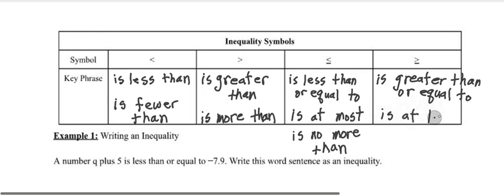I will give you at least $20, maybe more. And the third way is "no less than." I will give you no less than $20. Could I give you $25? Maybe. But it will be no less than. It'll be $20 or more. Okay?